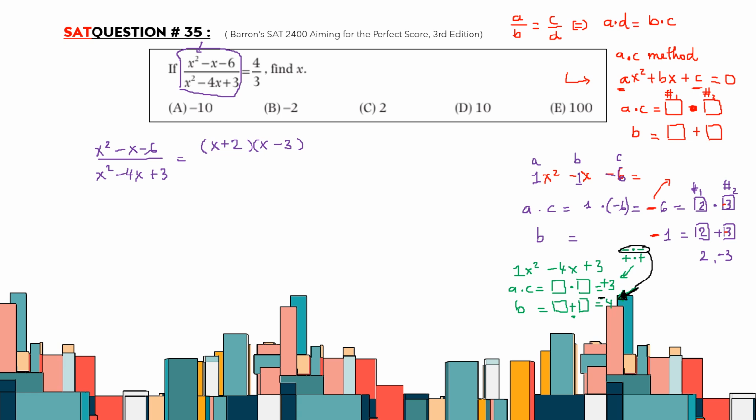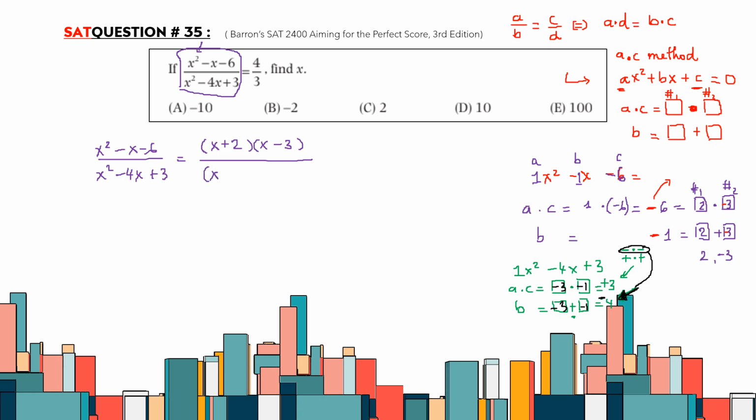So you will have negative 3 and negative 1. Negative 3 times negative 1 is positive 3, and negative 3 plus negative 1 is negative 4. That matches, so we copy that down here.